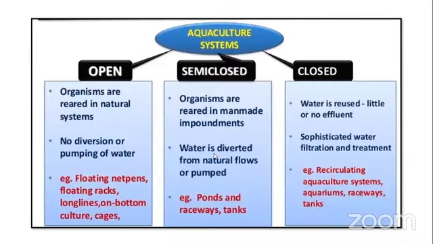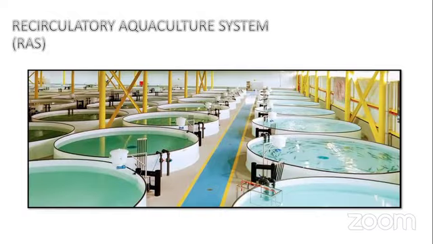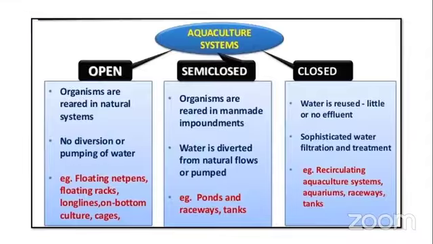We can give them supplementary feed also in these tanks, but water quality should be maintained and it is recycled. Now how do we do it? Here we use different screens and filters. Next slide. First see the setup, then we'll discuss further.